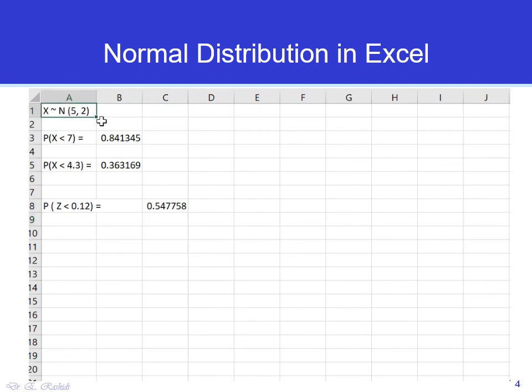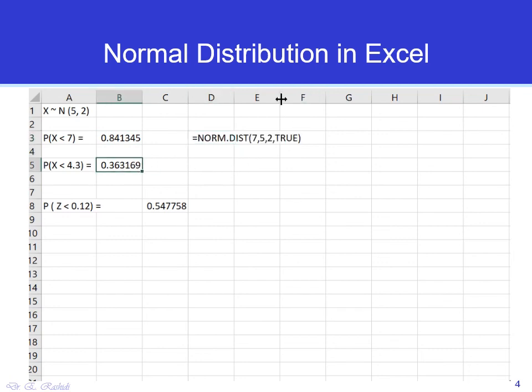I'm going to copy the function here for you. So we get here, and this is the function.